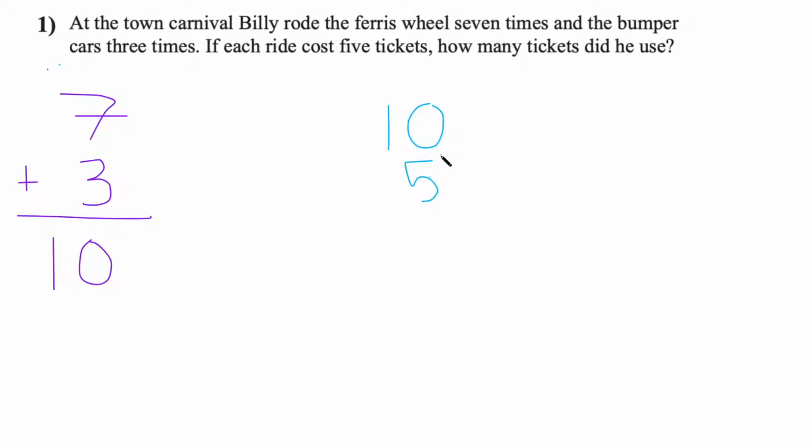So we're going to have to use multiplication to find out how many tickets he used on all of his rides. So 10 rides times 5 tickets per one ride is 50 total tickets. So he used 50 tickets on all his rides. So that's your final answer.